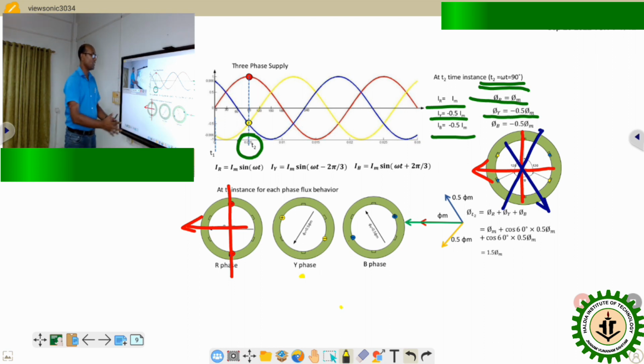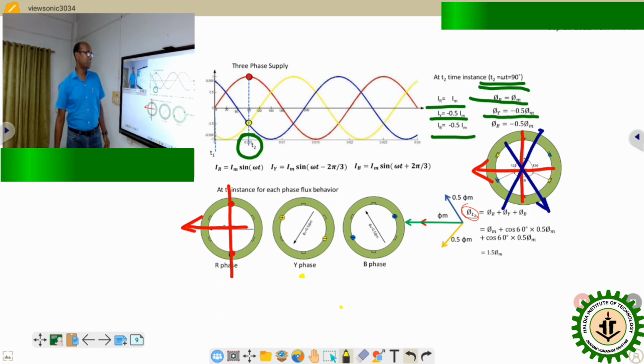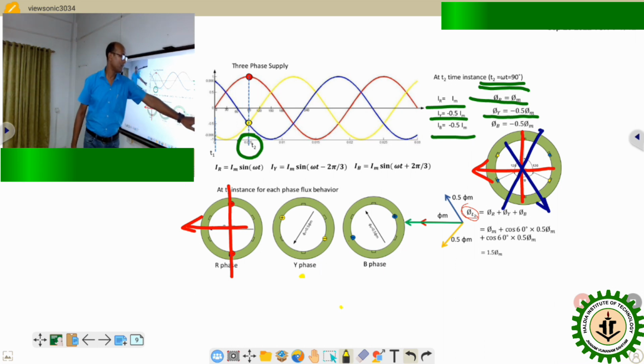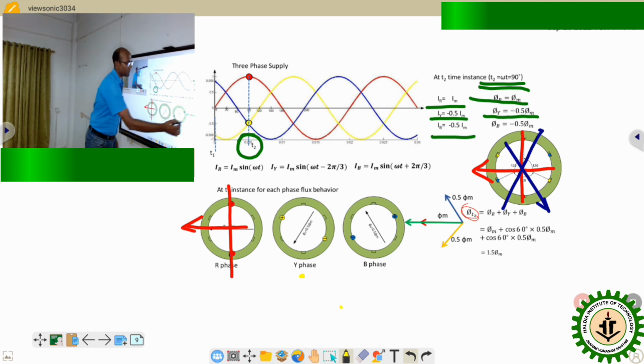So if we add the three fluxes again, we get a resultant flux. That resultant flux is phi T2, the combination of phi R, phi Y and phi B. If we find the resultant flux, its direction will be this yellow color portion, from my right to left.